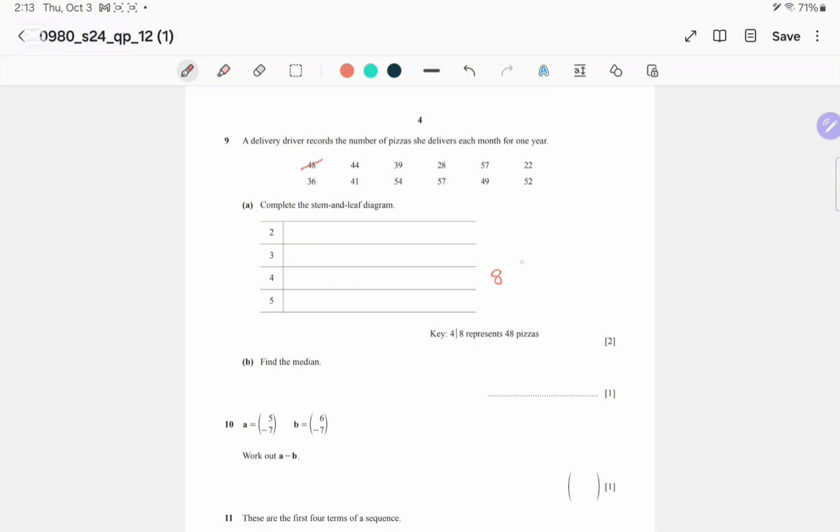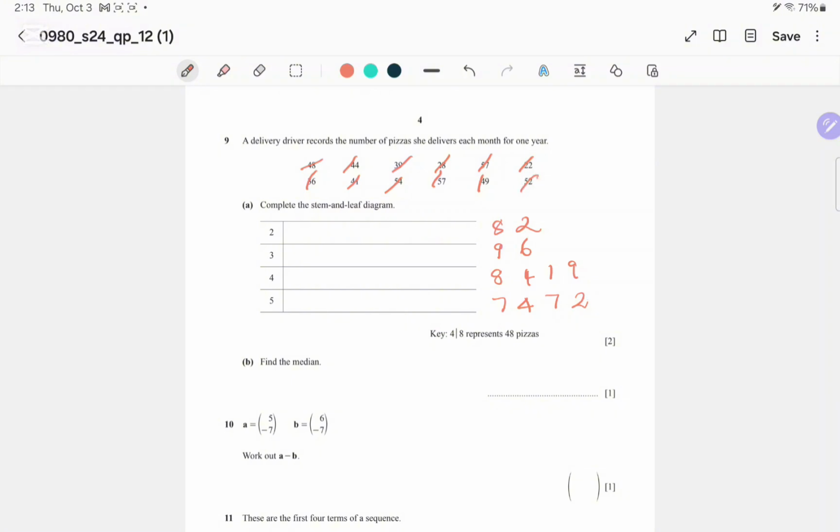Then 44, 39, 28, 57, 22, 36, 41, 54, 57, 49, and the last one is 52.